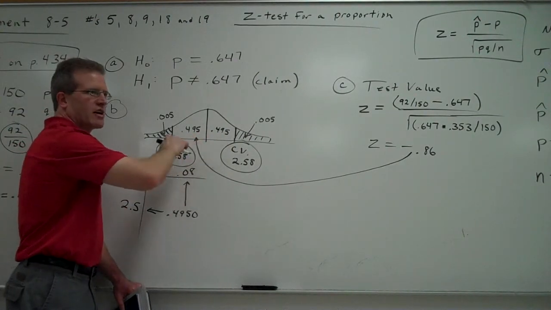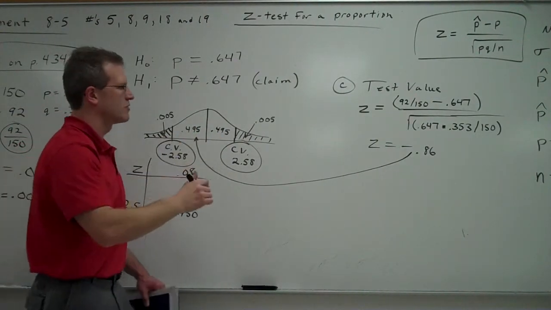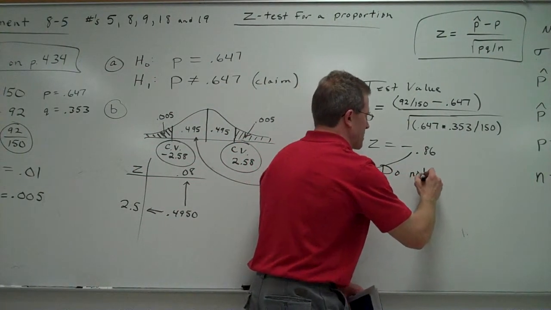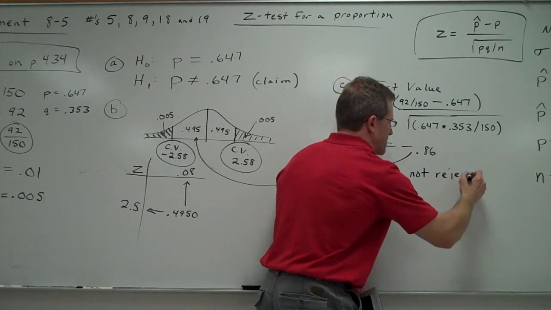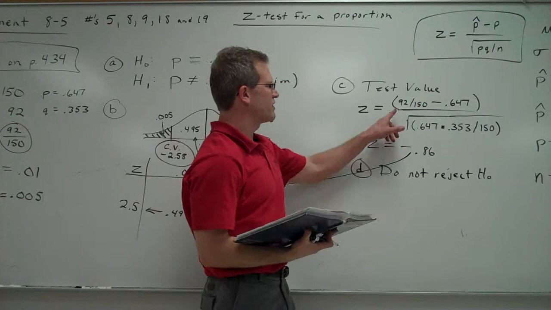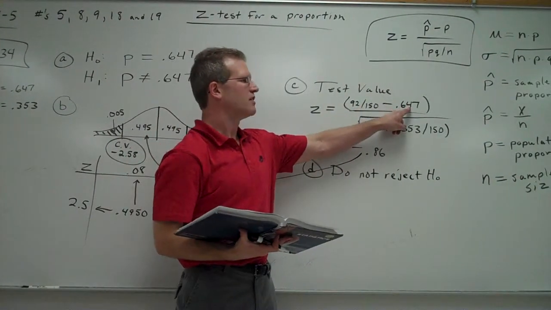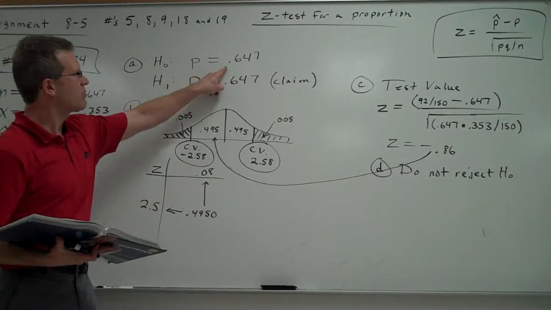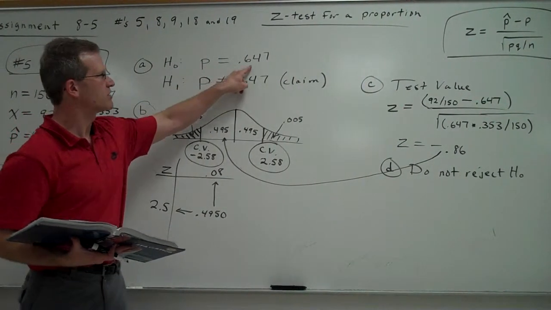So do we say reject or not reject the null? Do not reject. Good. So D is do not reject the null. What that's saying is that 92 over 150, that proportion, is close enough to 0.647 that we can't reject that the true proportion is 0.647.